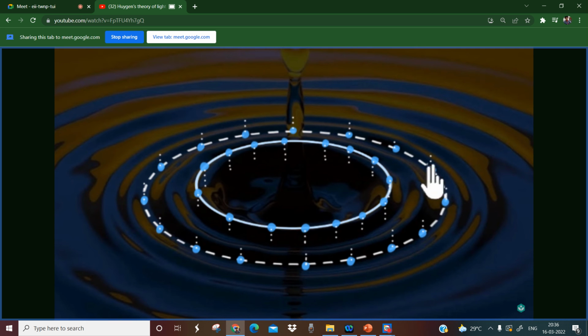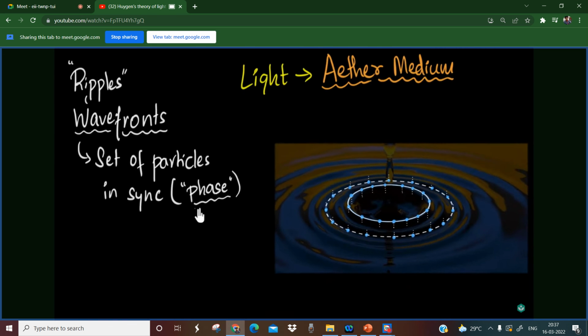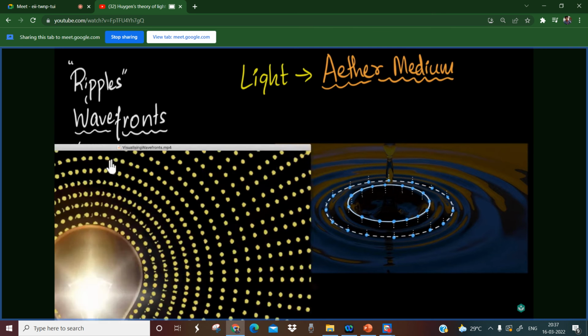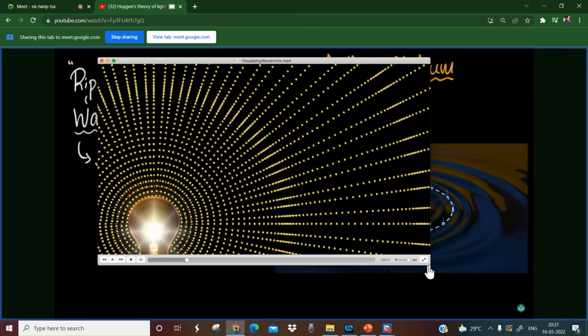We usually denote a trough by dotted lines. If I look at that particular ripple, then you'll find all the particles on that are at their bottommost position. The important thing to note is that all the particles on these circles are always vibrating in sync with each other. They're vibrating together, in phase with each other. Such a set of particles is what we call a wavefront.